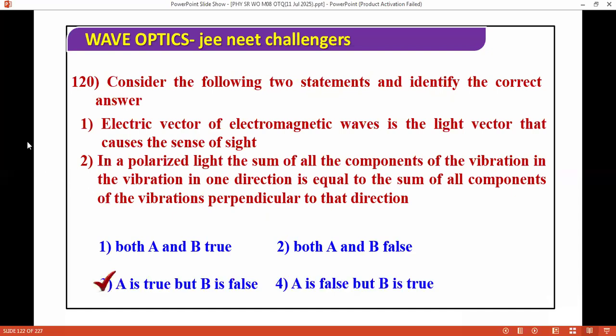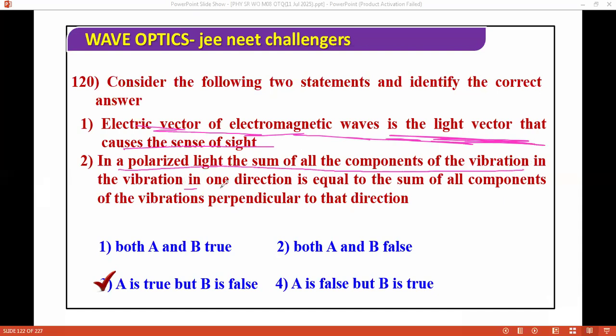So the correct answer is A is true, B is false. Statement B is wrong, so our correct answer is the third one.